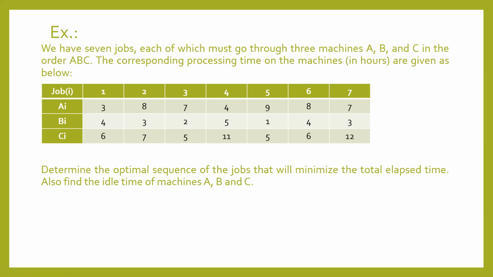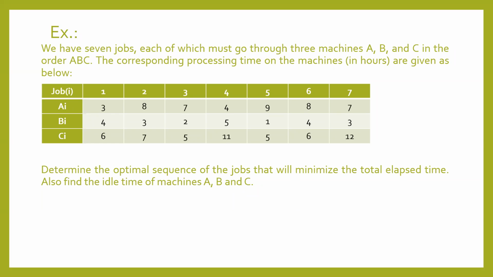So if the smallest processing time on machine C is greater than or equal to the largest processing time on machine B, that condition is satisfied. So hence we can apply the extended Johnson rule method.